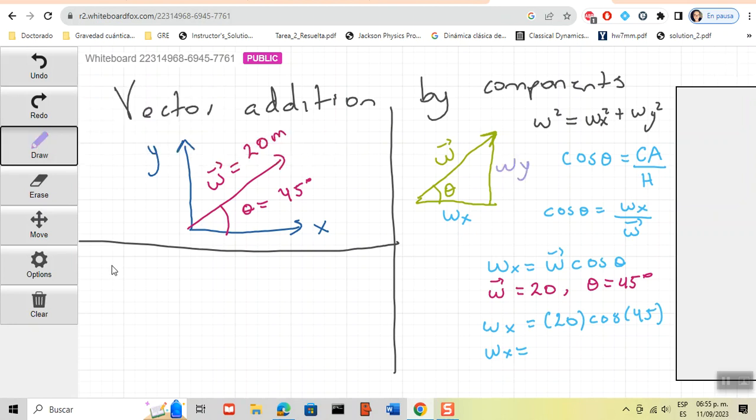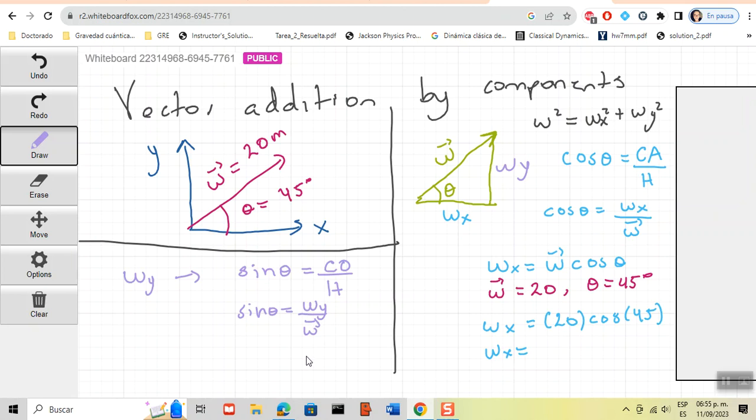So for Wy, guys, which is the opposite side of the angle, we're gonna use the function sine. So we have that sine of theta is equal to the opposite side, or cateto opuesto as you guys know it, over the hypotenuse. Now, because we're going to use our new labels, sine of theta is going to be equal to Wy over W arrow. So that's the vector, right?